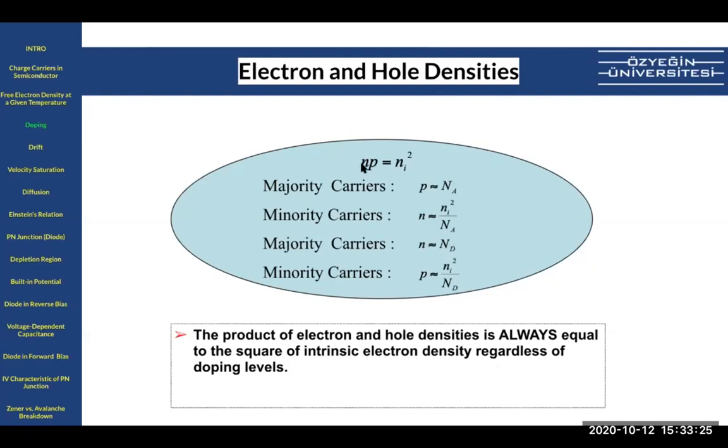So basically we now know what is n, but we need to find the p, because p is now minority carriers. So we find p from this formula, or vice versa.